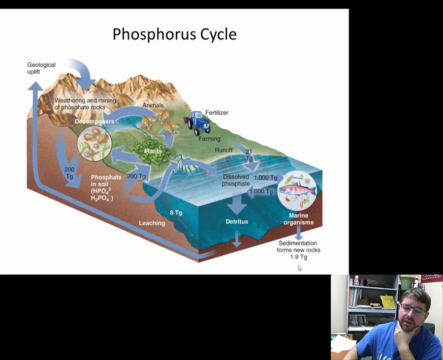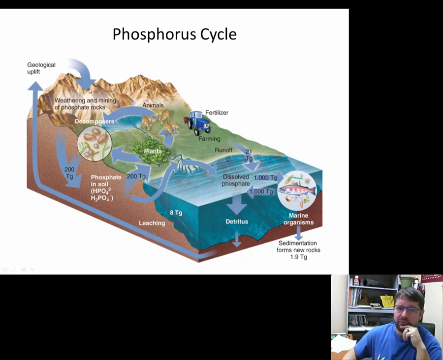But where man comes in is we often take it from rocks. So we can take it from soil phosphates, and we can add that as a fertilizer to our landscape. And then decomposition of animal material, decomposition of plants, can add it back into the cycle.